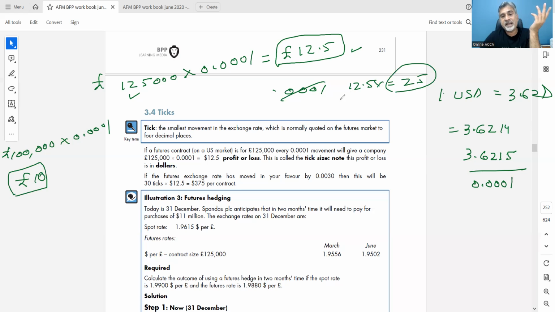If I say that there is a 10 ticks difference in the price, so 10 ticks means 12.5 times 10, 125 on 1 contract. How many contracts do you have? Oh, I've got 6 contracts. So the total gain or the total loss on that would be 125 times 6, which is 750.